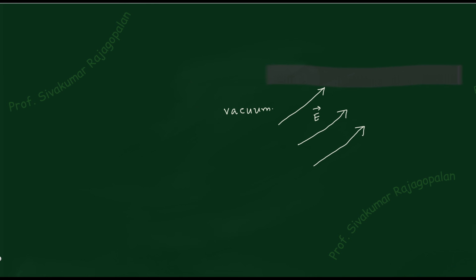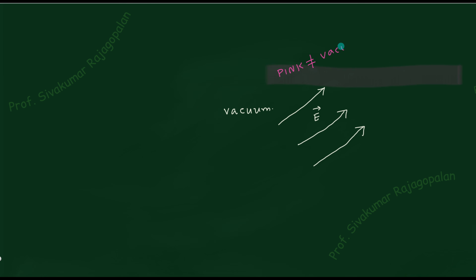So this is your pink color material medium. Material medium means dielectric medium, insulator, electrical conductor. It can be anything. Dielectric is also okay. Electrical conductor is also okay. Magnetic material, anything. But it is not vacuum. You understand? This pink color is not vacuum. That is a point to be noted.